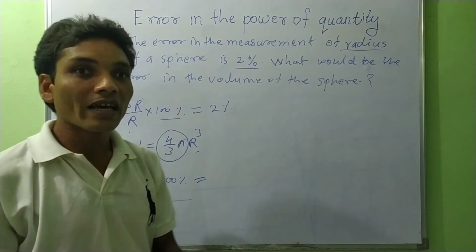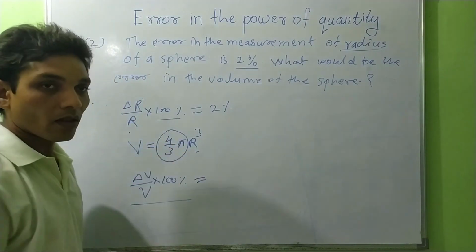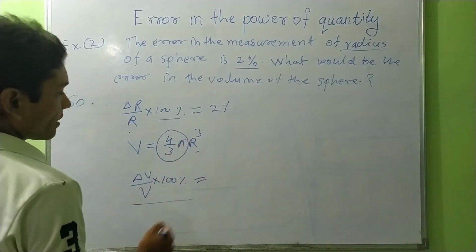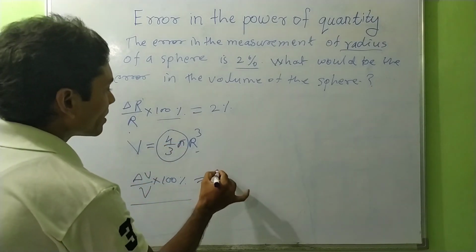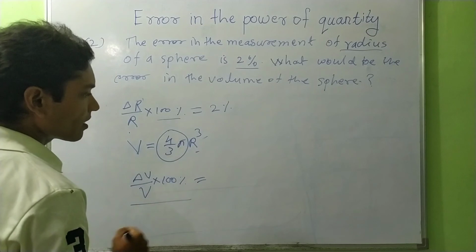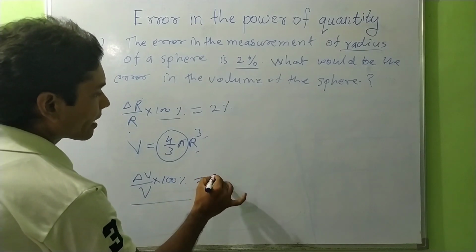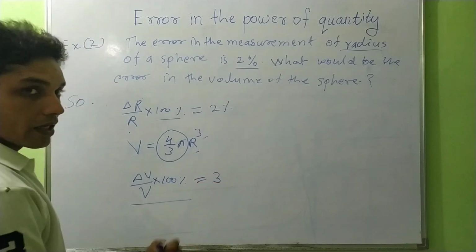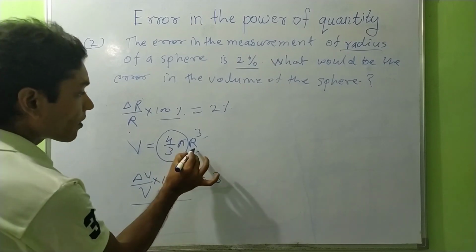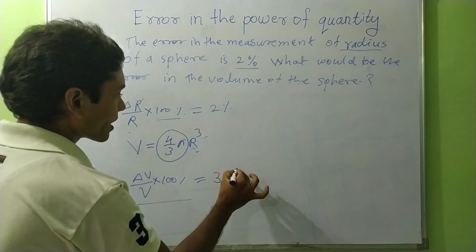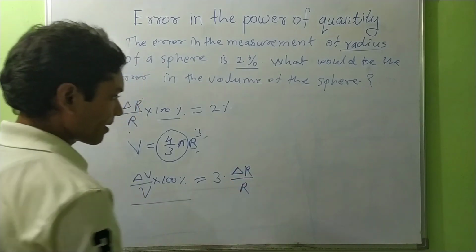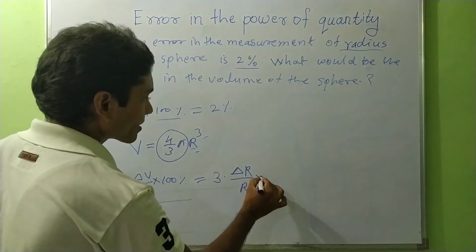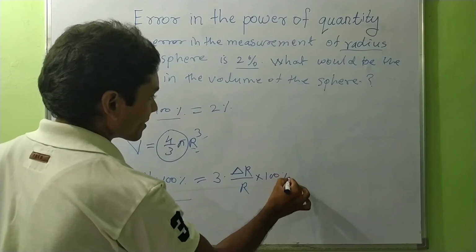So the percentage error in the volume will be, since the power is 3, the power will come in front of the relative error of the radius. The relative error of the radius is del r upon r, and in percentage here 100%.